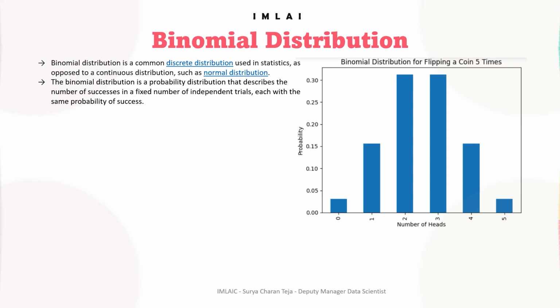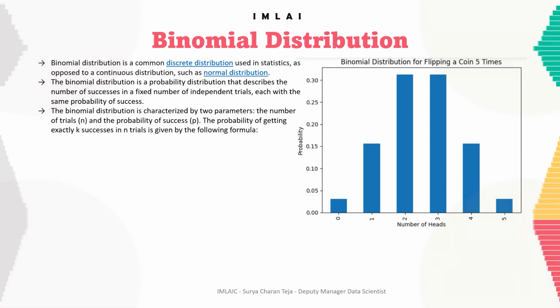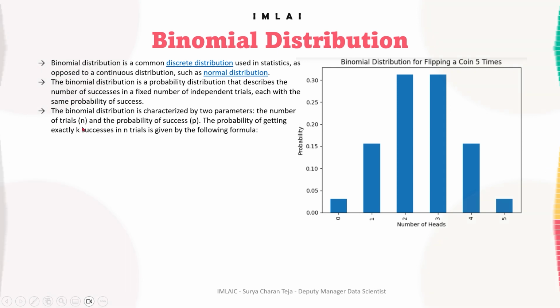How do you calculate the respective probability? The binomial distribution is characterized by two parameters: the number of trials n, and the probability of success p.